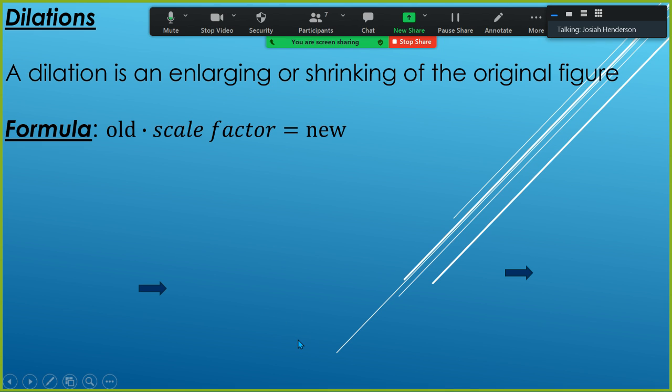We have a formula that we're going to use to be able to solve for how much bigger it got. Here's our formula. Our old figure, think of this as the original, times the scale factor, that's how much bigger or smaller we're going to make it, equals the new figure.